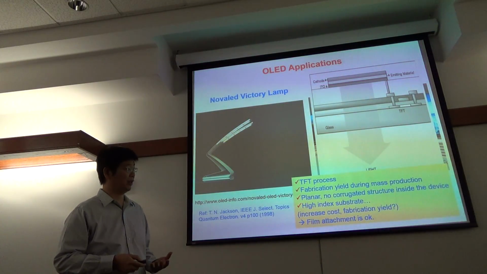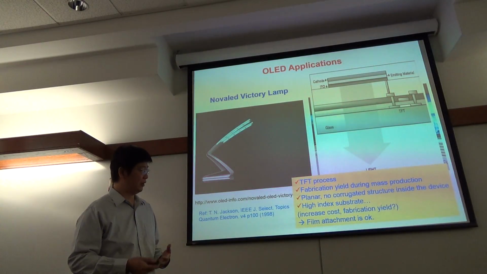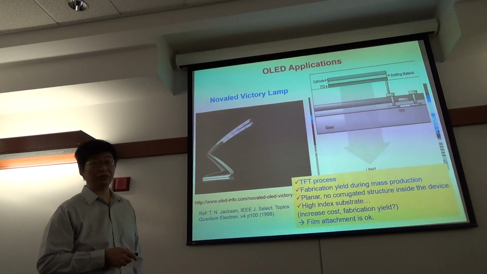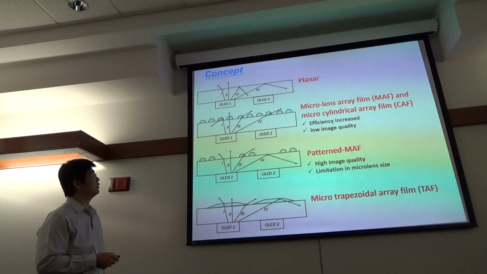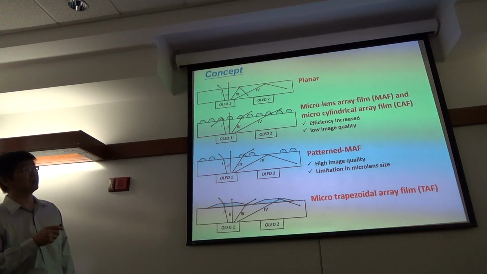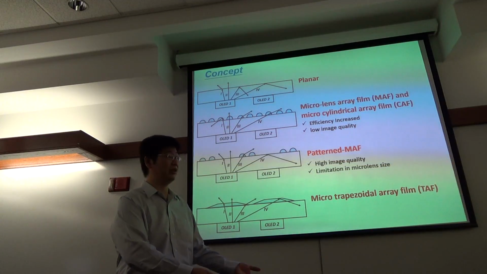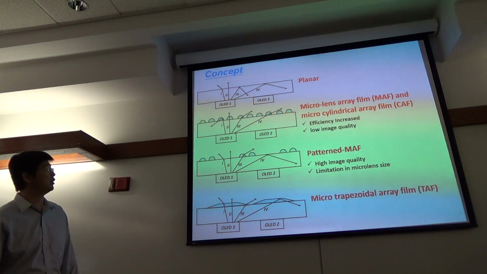For example, they want alkaline-free glass because alkaline will diffuse into your TFT and your on-off ratio will degrade. So what we can do is to put something outside. So that's our restriction for the OLED display when you talk about that.